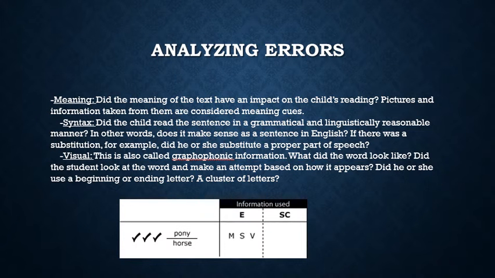So, analyzing errors. The running record assessment has its own score sheet. One of the main purposes of it, and we can see later in a video after this, is going ahead and really note-taking what the child is doing. There's a column here, which is errors, and the other column right next to it is self-corrections.